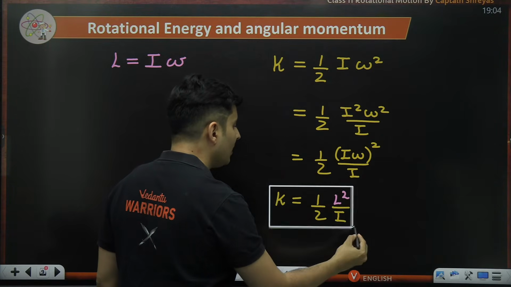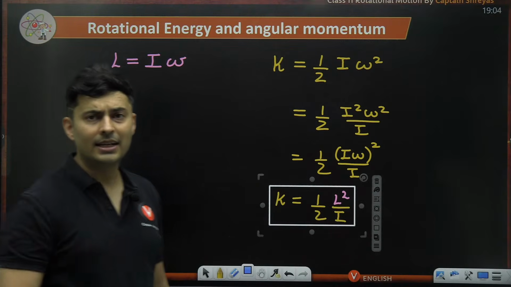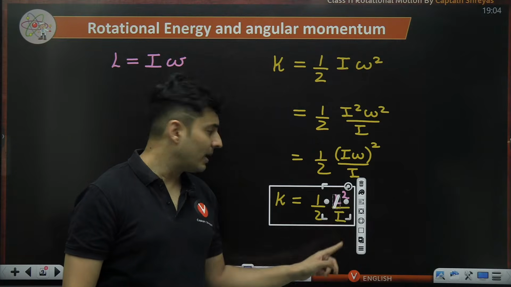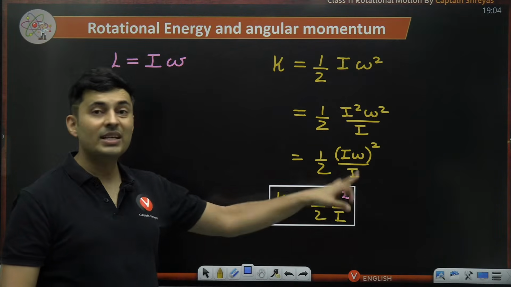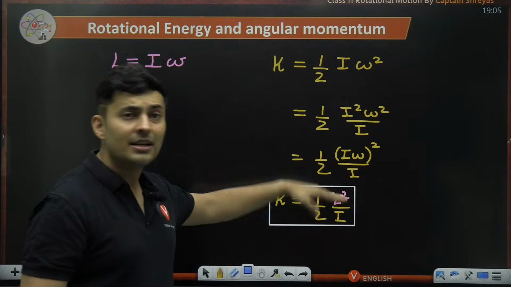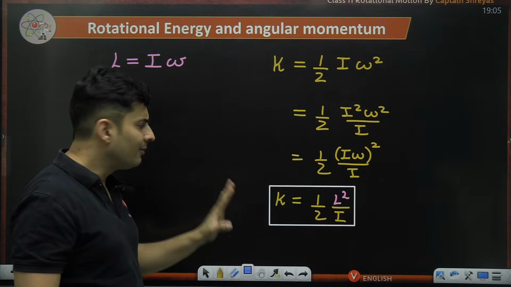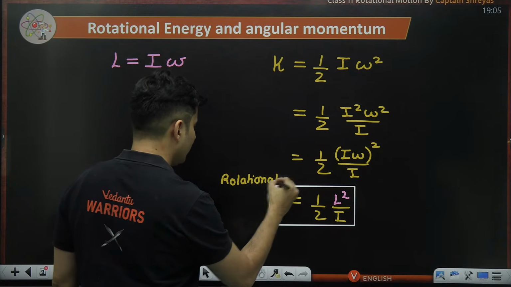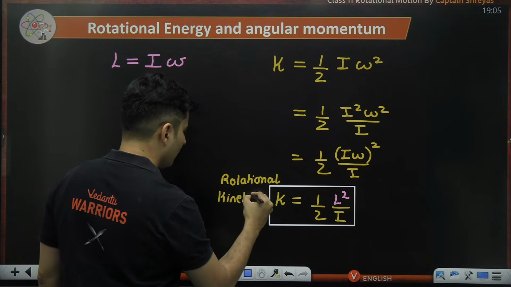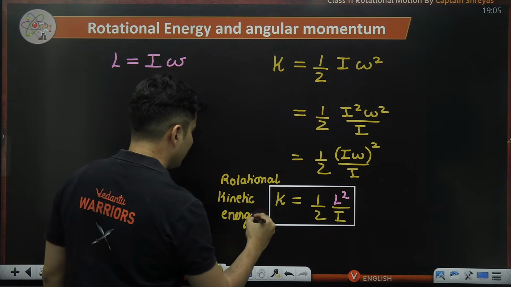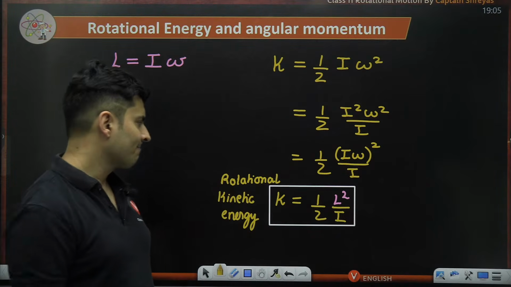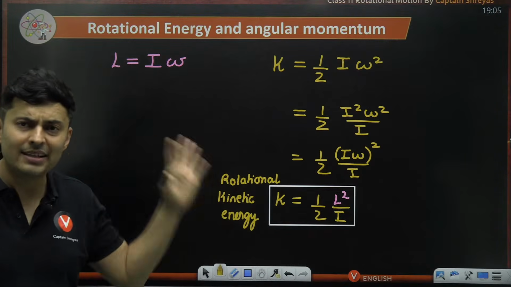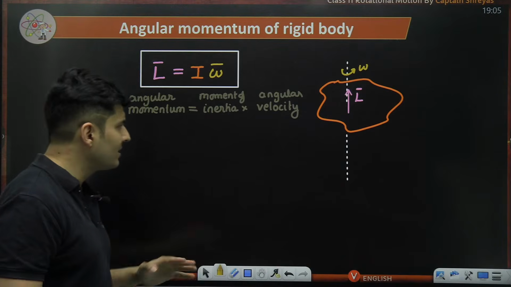A similar formula was also there in momentum and kinetic energy. The linear kinetic energy is half p square by m. Do you remember that? Half p square by m was the formula. Instead of mass, it is I. Very similar looking formula. So this is for rotational kinetic energy, and how it is related to the angular momentum: half L square by I. Instead of half P square by M, it is half L square by I. So remember all these formulas, very, very similar.